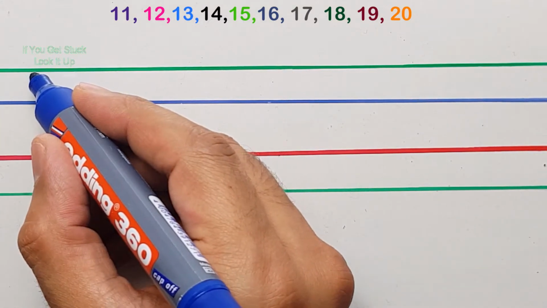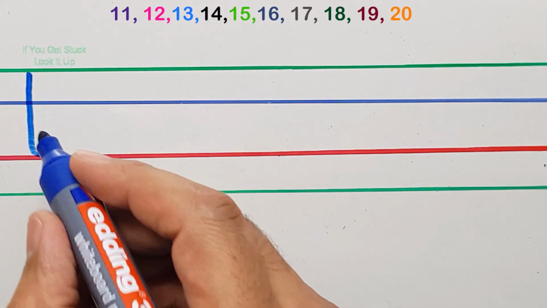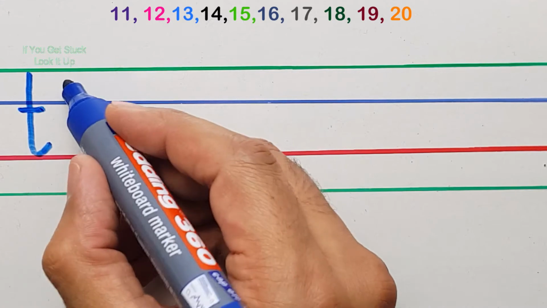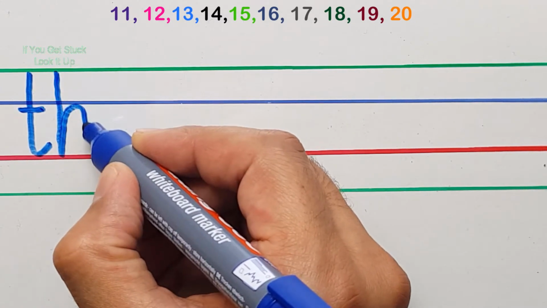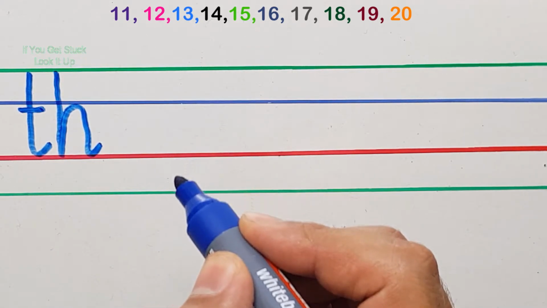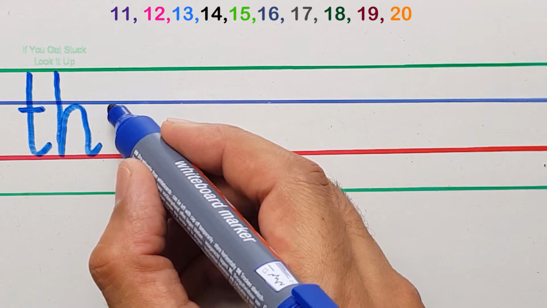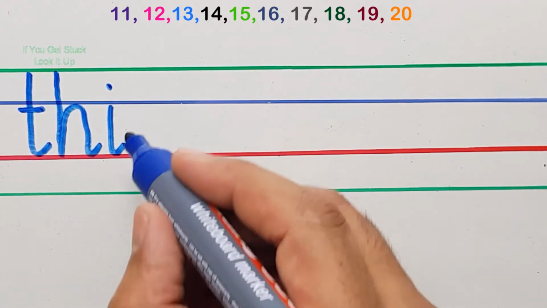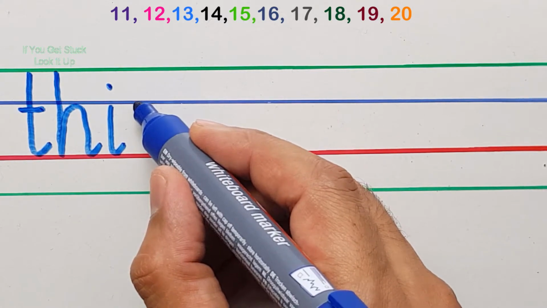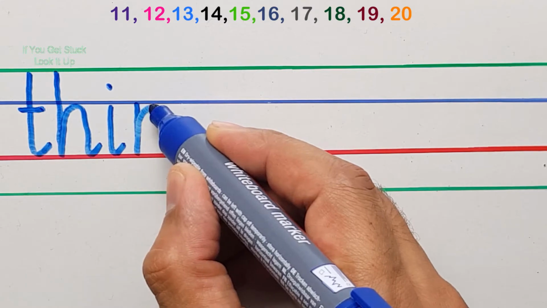13 starts with a T. And then H. And that gives the th sound. I, R starts from the middle again, down, up. As you get towards the top, round off a bit.